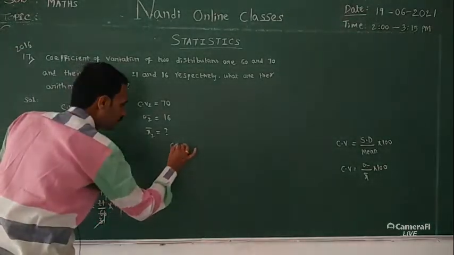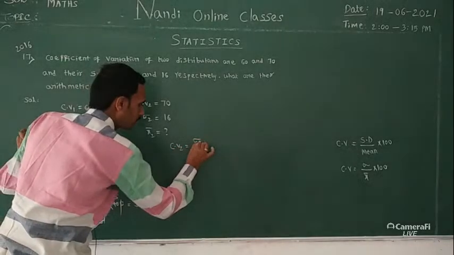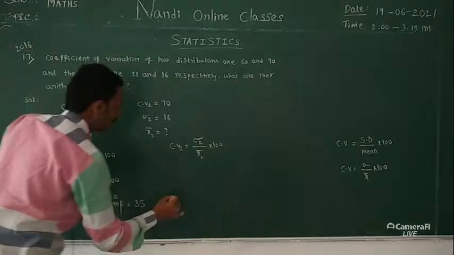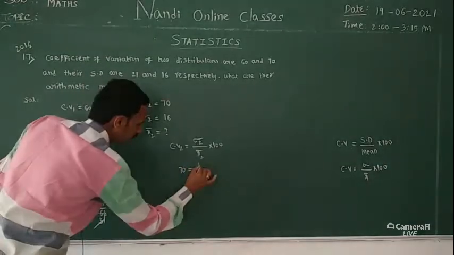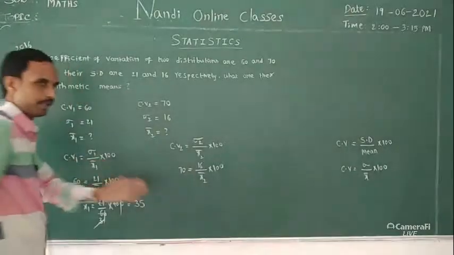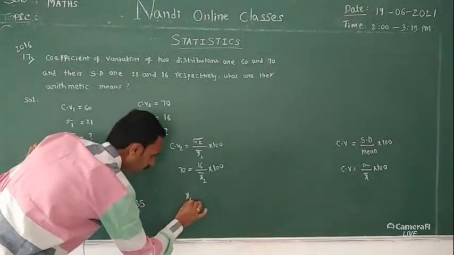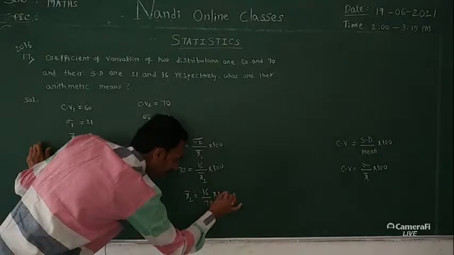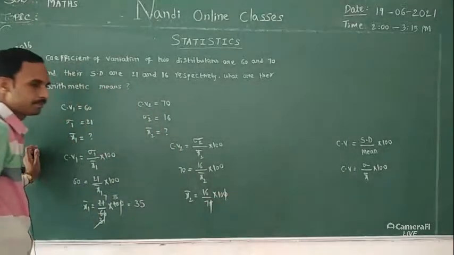Here CV2 is equal to sigma 2 by x2 bar into 100. 70 is equal to 16 by x2 bar into 100. Bring x2 bar to here. x2 bar is equal to 16 by 70 into 100. 0, 0 cancel.